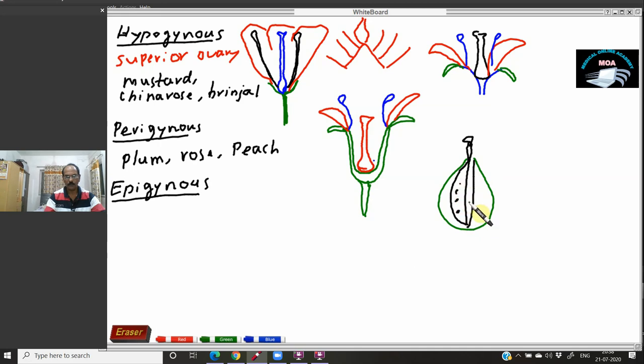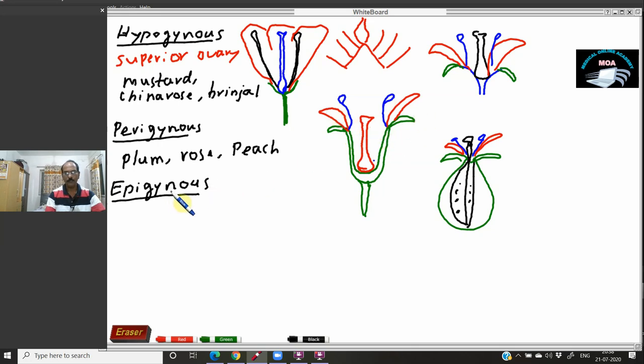So these are the ovules. And where is the calyx? Here is the calyx. And where is the corolla? This is the corolla. And the androecium, you can see here. So this is the arrangement. The difference between perigynous and epigynous is that in the case of perigynous, it is not closed; only the thalamus is enlarged into a cup-shaped structure, and on the brim of the cup, the floral whorls are arranged.